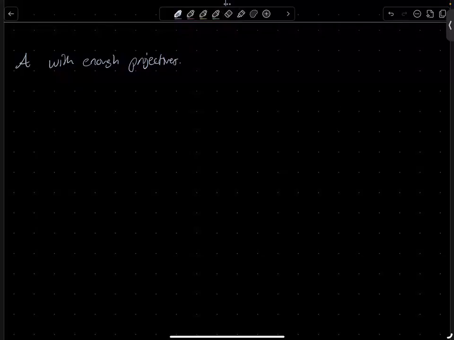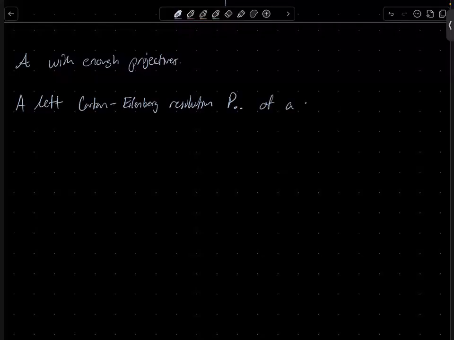So A has enough projectives, and I want to say projective resolution again and again, but they say right and left. So a left Cartan-Eilenberg resolution P bullet of a complex. So here's a chain complex A bullet.